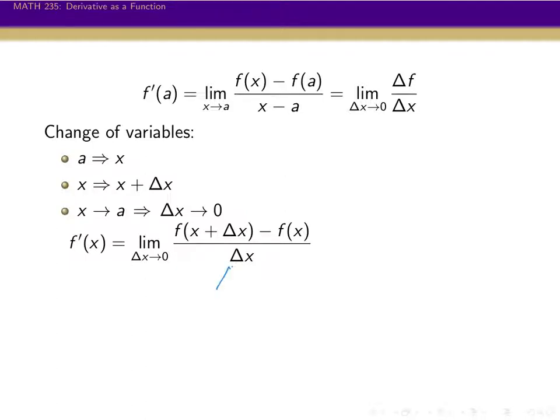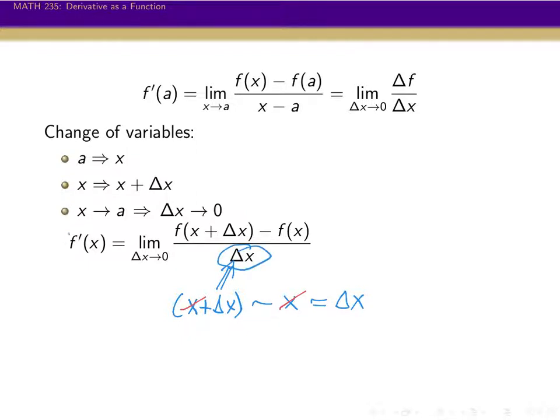The thing to keep in mind is that this delta x is really coming from x plus delta x minus x, but then these x's cancel themselves off, and so we're left with just delta x. That's why we have just delta x in the denominator.